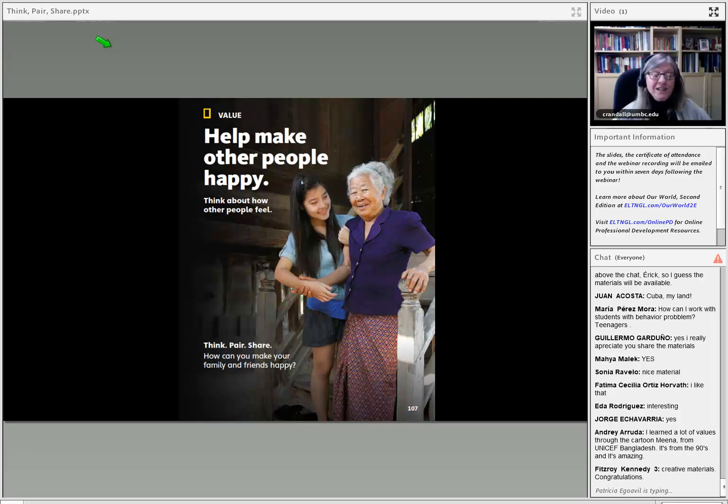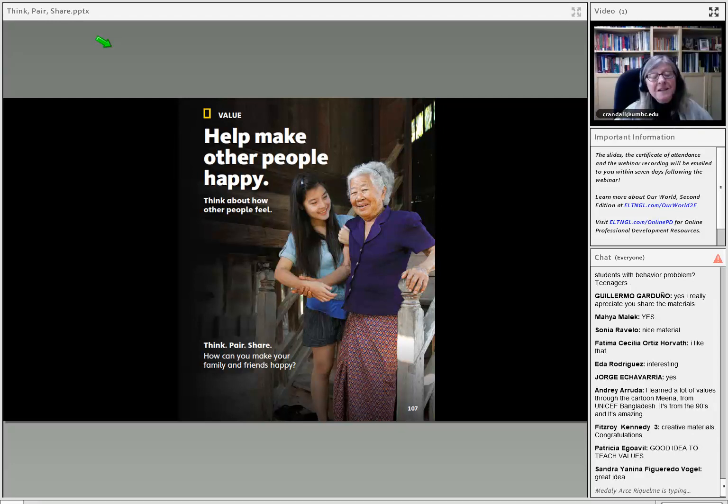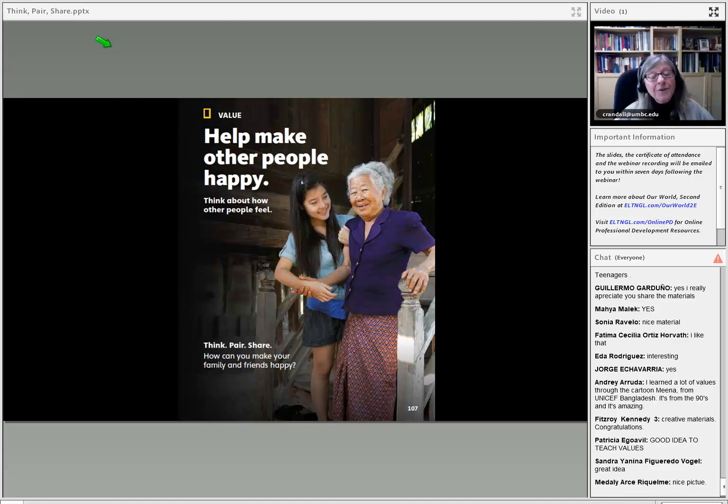Here's one that I especially love. It helps make other people happy, and think about how other people feel. So how can you make your friends and your family happy? A lot of other things seem to me to be communicated here as well. We have, it looks like, maybe a teenager or a young woman who's helping her grandmother, maybe, or an elder, and making her happy.